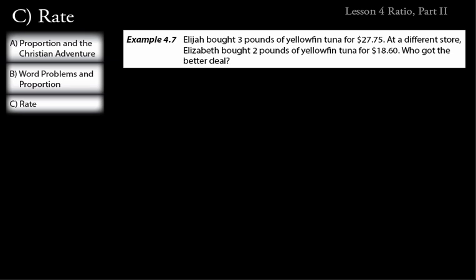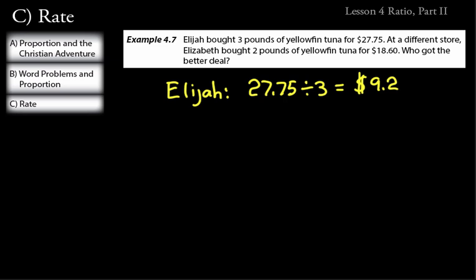So let's compare the rates. Let's see what Elijah's price per pound at the store he went to was. That's going to be $27.75 divided by 3 pounds, so that's $9.25 per pound.